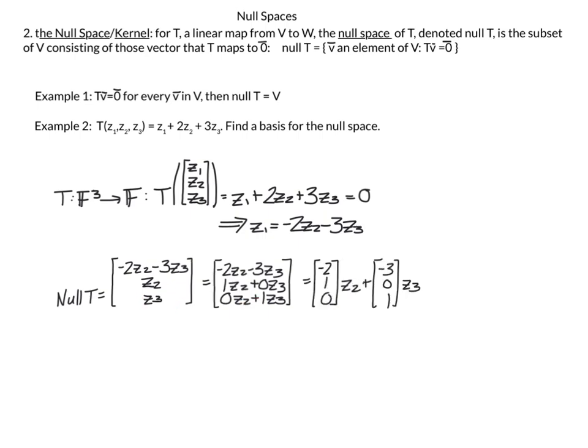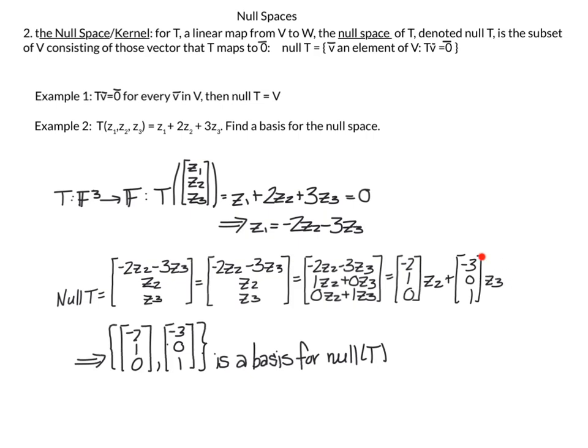I do that because I want to break this down into a scalar z2 times a vector plus a scalar z3 times a vector. So you can see how I factor out my z2 over on these coordinates, so I get a minus 2, 1, 0 vector times z2, and for my z3 terms, I factor out my z3, and I get a minus 3, 0, 1 vector.